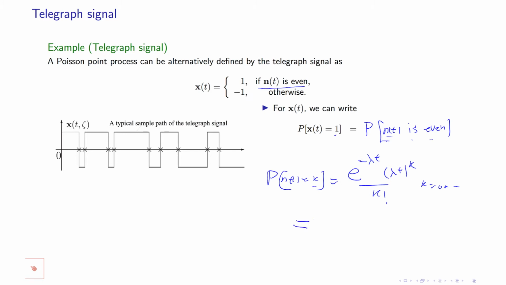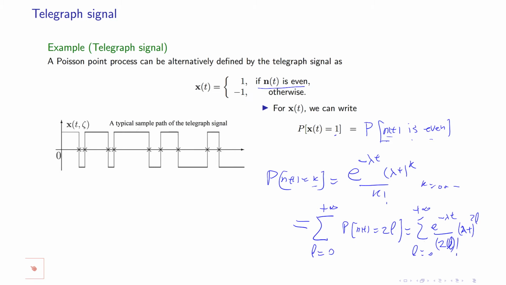So this becomes equal to the summation over all k even, where k is equal to twice L, and L goes from 0 to plus infinity, of the probability that n of t is equal to twice L. This becomes a sum over L equals 0 to plus infinity of e to the power minus lambda t, times lambda t to the power of 2L, divided by 2L factorial.